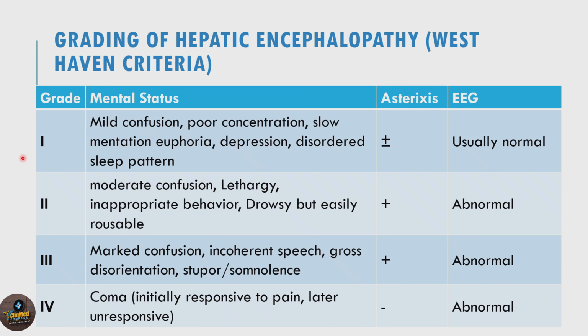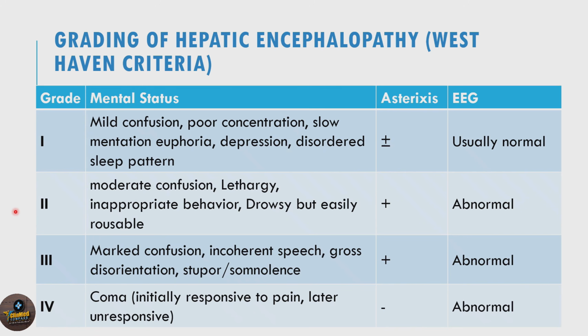In grade 2, they have moderate confusion, they are lethargic, they are disoriented to time, and they also have subtle personality changes. These patients are drowsy but easily rousable. They definitely have asterixis and the EEG is abnormal. In grade 3, they have marked confusion, incoherent speech, gross disorientation, and they may be stuporous.